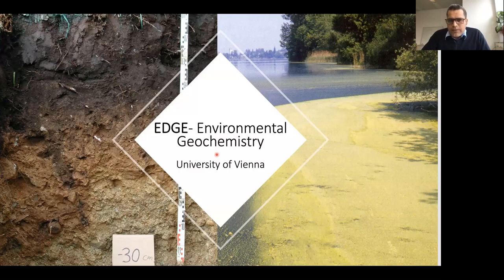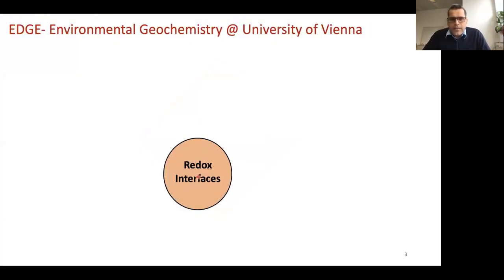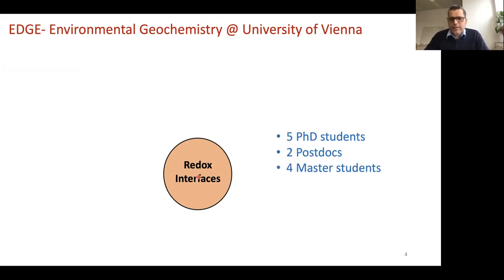In our lab, we mostly focus on redox interfaces, environmental interfaces, where we look at different mechanistic things. The core of our work is redox interfaces, and within that we do different projects. It's not such a big group. We have 5 PhD students, 2 postdocs, and 4 master students right now, so pretty small.